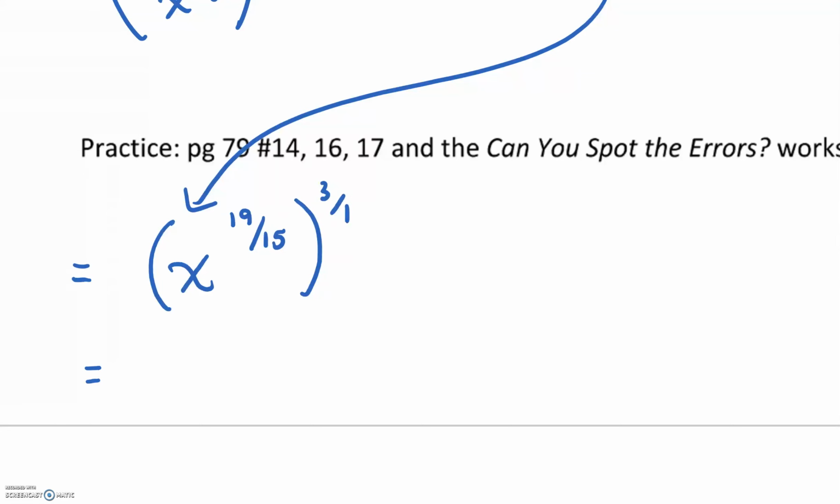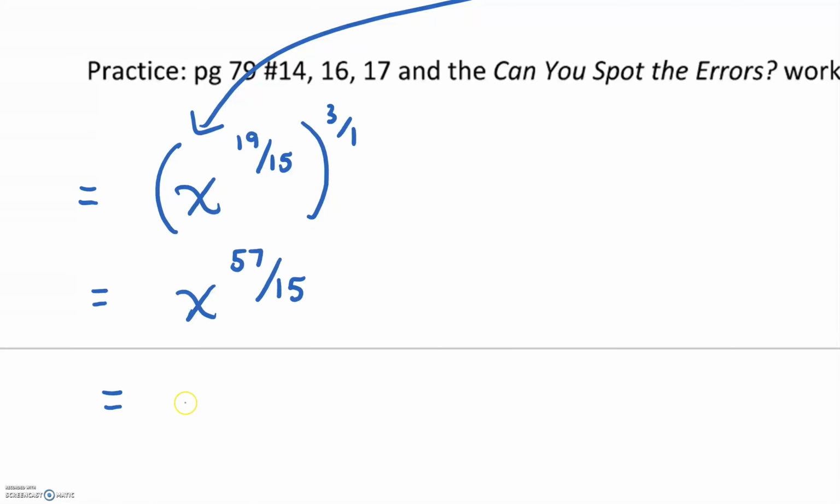I'm going to put an over 1 so I don't make a mistake. Multiply the tops, which is 19 times 3, which is 57, and 15 times 1. Now, if I use my a b over c button to check if this reduces, it does. It actually reduces to 19 over 5, which means that I divided the top and the bottom by 3.